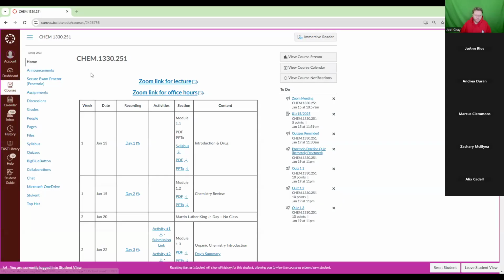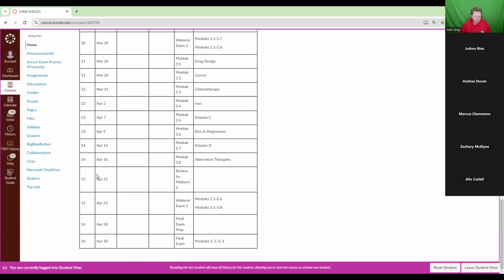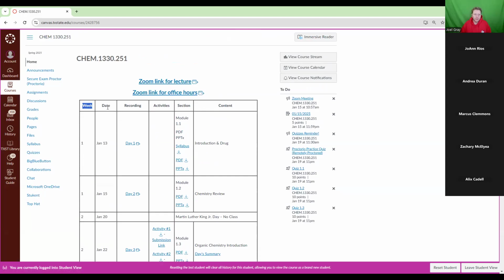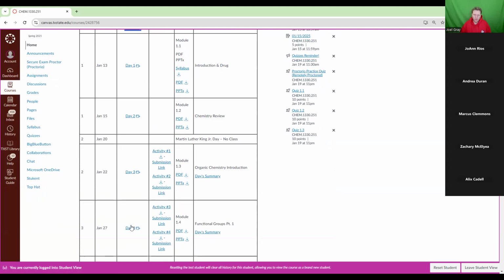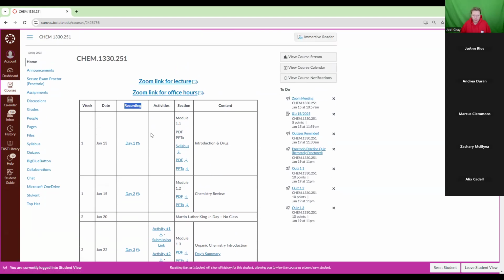Basically, the Canvas page just has a Zoom link for our lecture, a Zoom link for office hours, and then a couple of columns. The number of weeks, we have a grand total of 16 weeks in the semester. Next to that is the date or dates. In the next column, you'll find recordings, so the link to our recorded lecture that's linked to my YouTube.